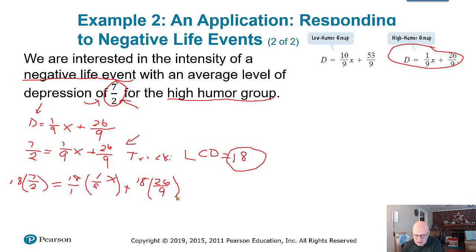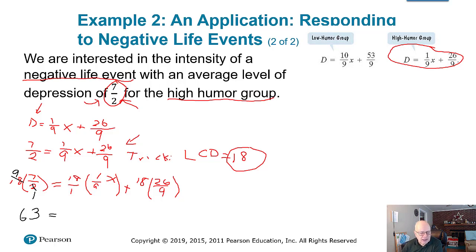Only temporarily. Because if we look back over here, I'm going to change the ink color to black temporarily. Now over here on the left hand side, the 18 and the 2 can be reduced. 2 into this is a 1, 2 into this is 9. So all we have on the left side is 9 times 7 is 63 equals. Now, we haven't finished yet, but notice what happened.